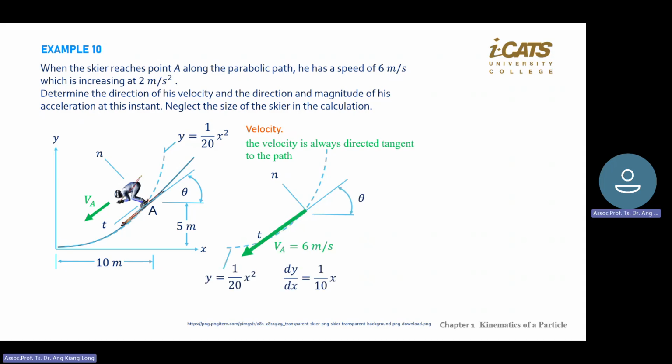It is to find the radius. Find the radius by differentiating the y equation. This part I skip, it is your mathematics skill already. So you do dy dx, you get 1 over 10. Then you need to do double differentiation again to substitute inside the equation just now.